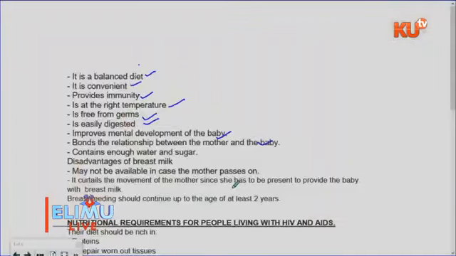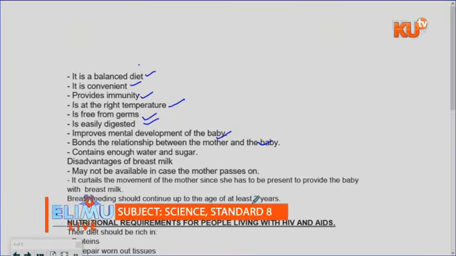The other one, now we go to disadvantages of this breast milk. Everything that has an advantage, as we know, always has a disadvantage. The first disadvantage, it may not be available in case the mother passes on. In some instances, you find that the mother was delivering and then accidentally she passes on.